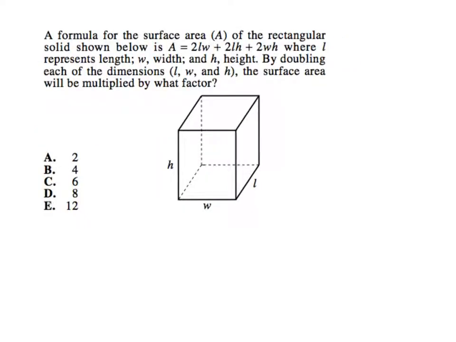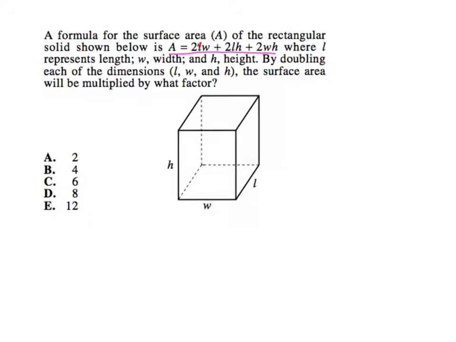Alright, so in this case here, I have a geometry problem for you guys, and it's here a formula for surface area of a rectangular solid shown below. So here's the formula that they gave us for surface area, which just means if you were to add up all the area on each side of the rectangular box, then you can figure out the area.